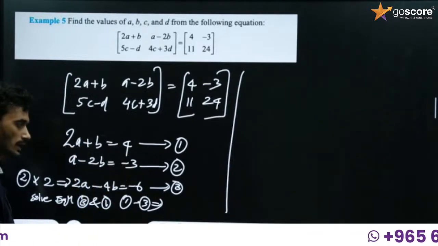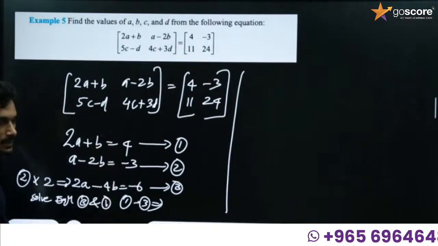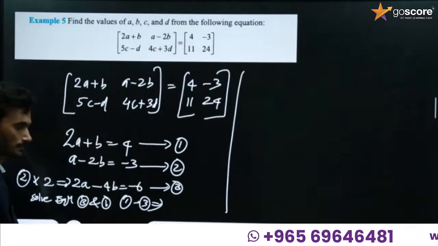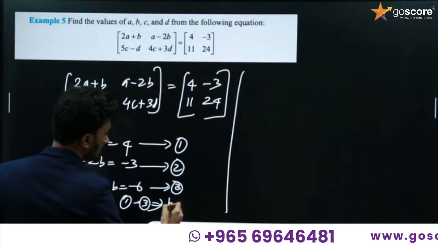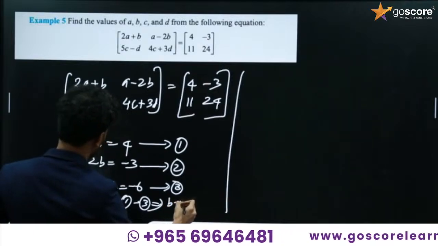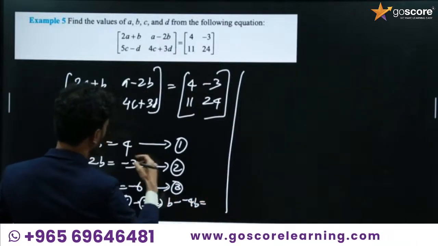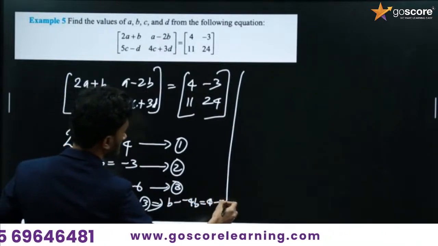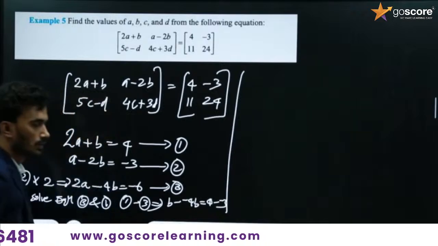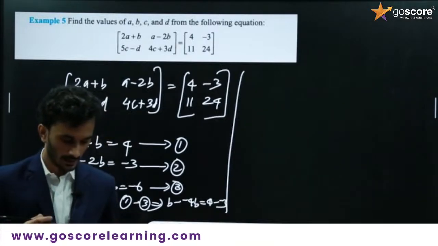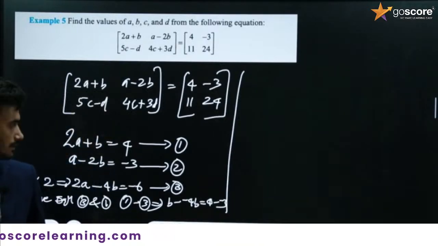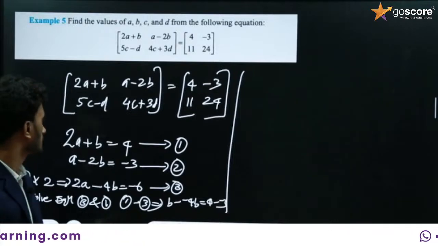So 2A minus 2A is 0. B minus minus 4B, it is 5B.